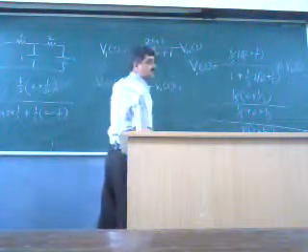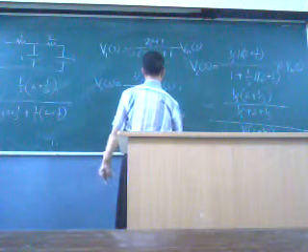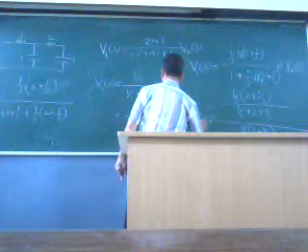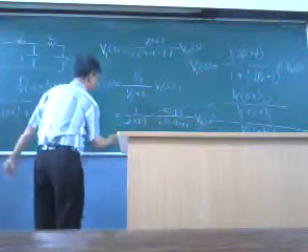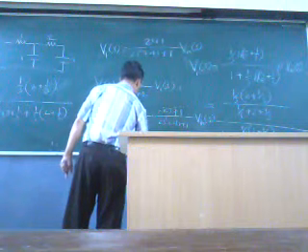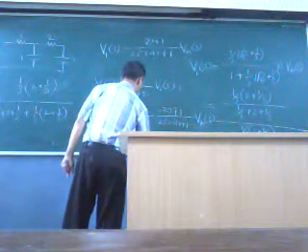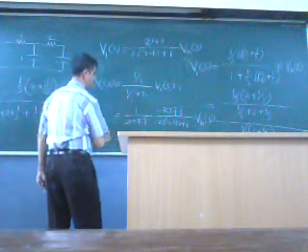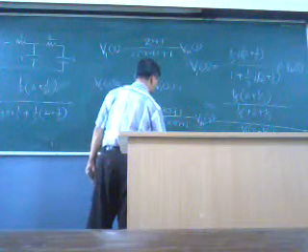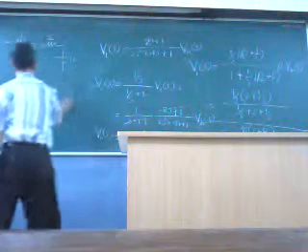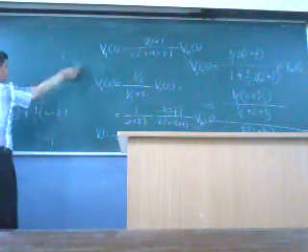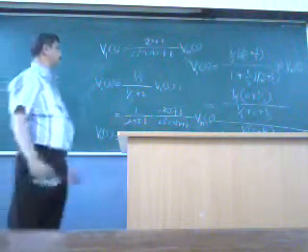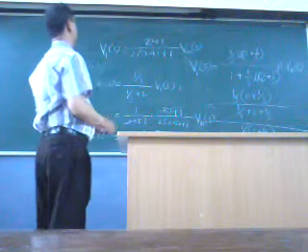Into V1S is this. That is 2S plus 1 upon 2S square plus 4S plus 1 into V in S. So we got rid of this immediately. So we get 1 upon 2S square plus 4S plus 1. VOS is equal to, into V in S, 1 upon S. So what is the answer?